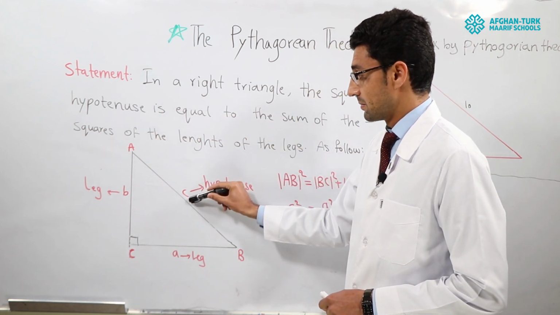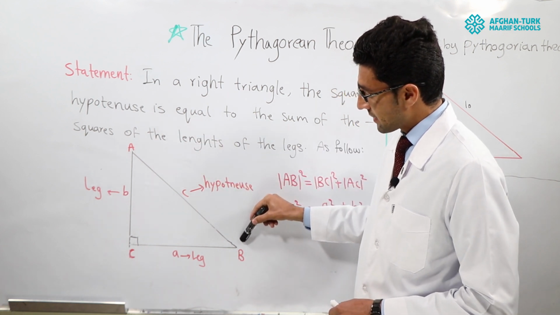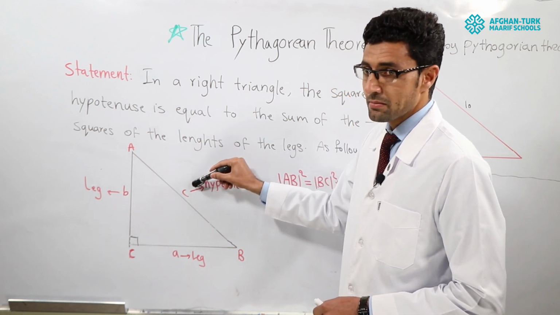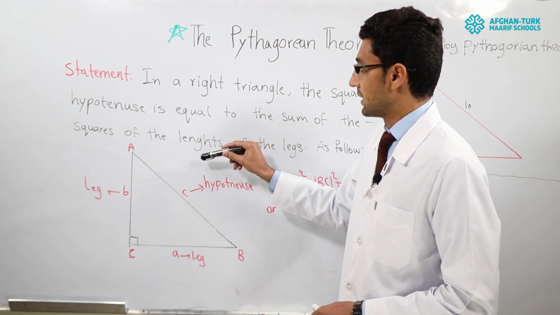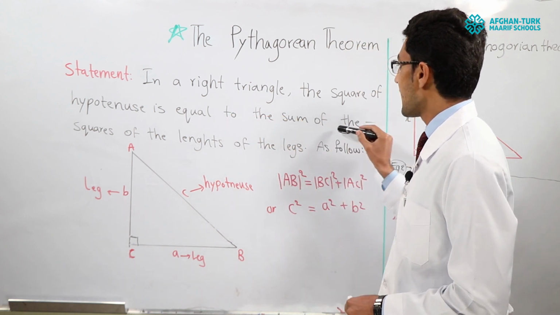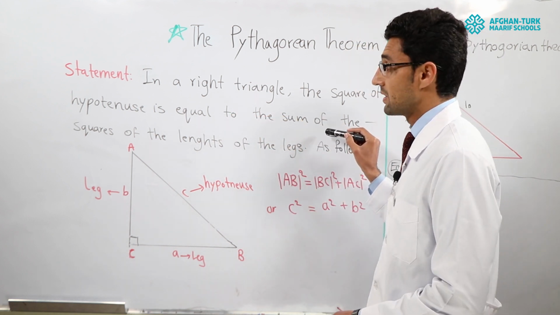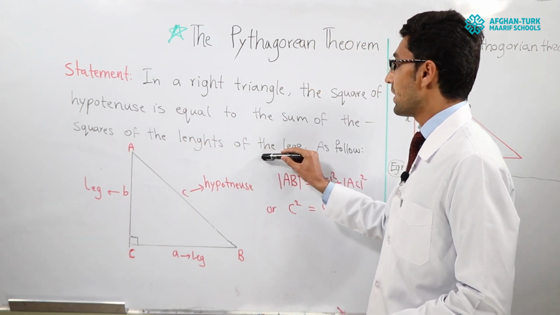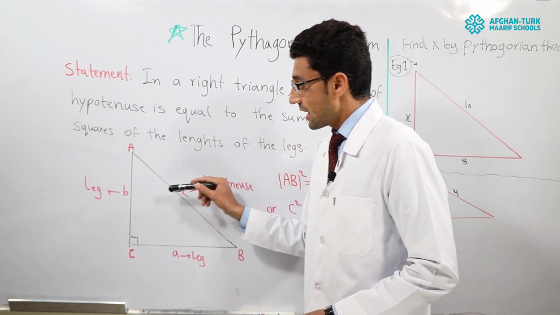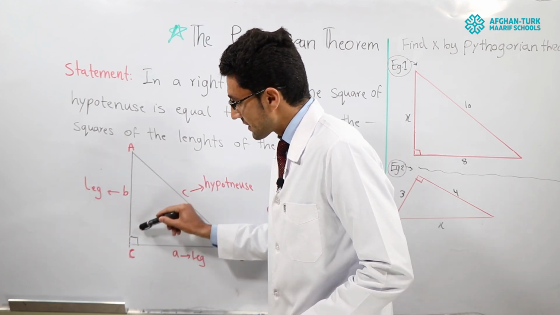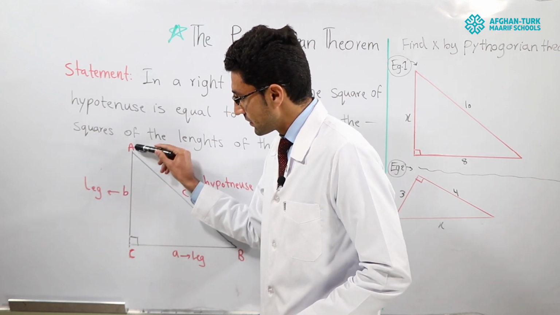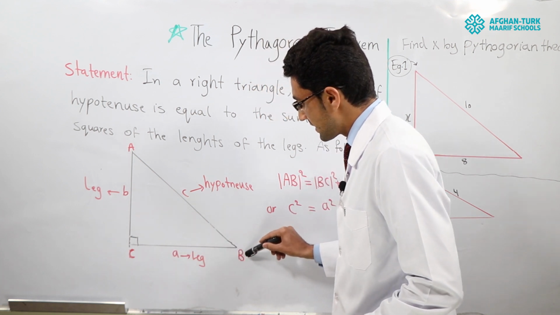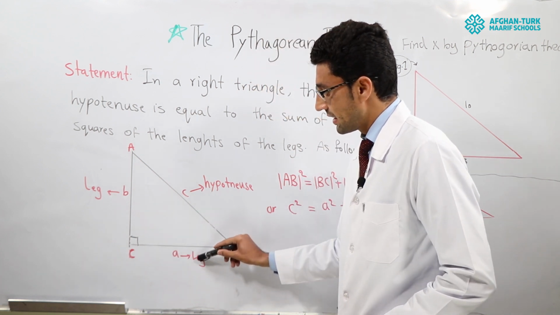The square of them. It means c to the power of 2 is equal to the sum of the squares of the lengths of what? The legs. Okay, there are two legs. One is B, and the other is A.